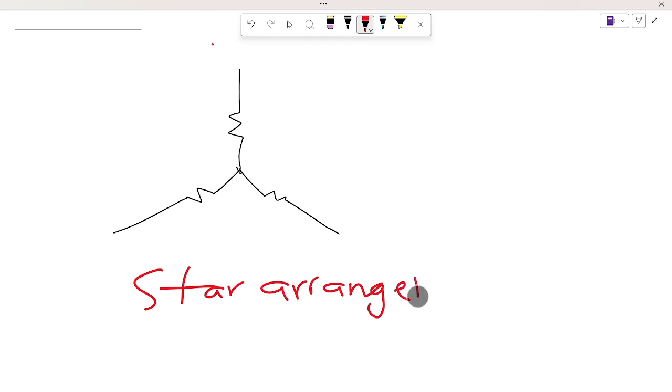Say you can have your resistors R1, R2, and R3 present here. You realize in this case they are neither in series nor in parallel. One main thing we are going to look at here is how to convert from star to delta and also from delta to star.